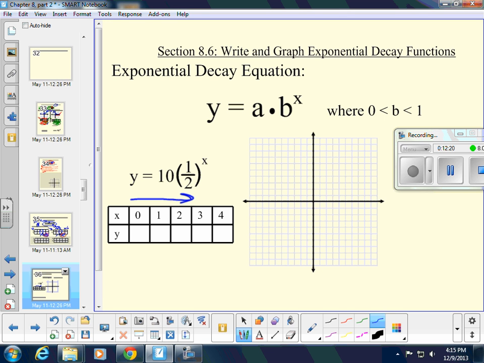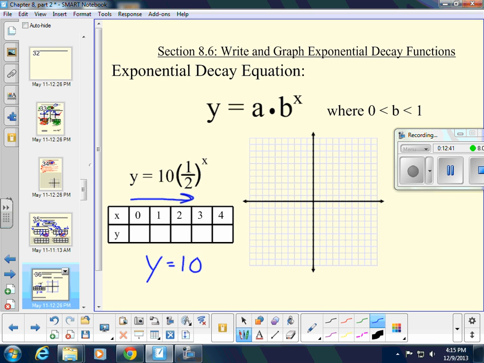I like to start at 0 because in a problem with exponential decay, it's probably because we're starting off at 0 and then something's decaying from that point and decreasing. So I usually like to start there, and I think it makes a little more sense for many of our problems. So for this one, I'm going to start at plugging in 0 first.